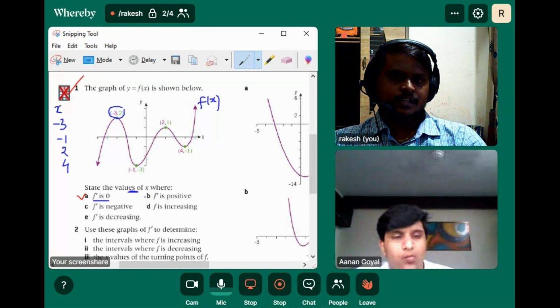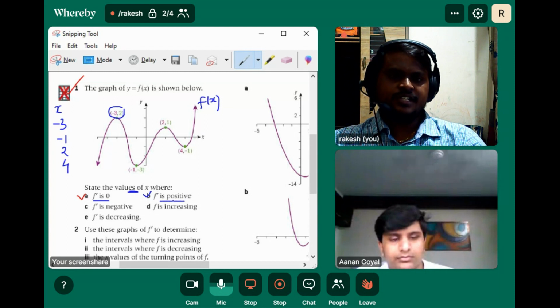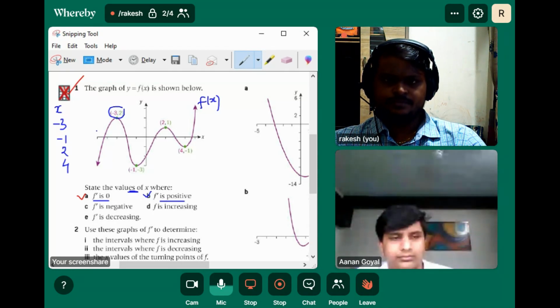Now B part, f dash is positive. Okay, f dash is positive means it is an increasing function, right? So where the curve is increasing. The curve is increasing here, here, and here.